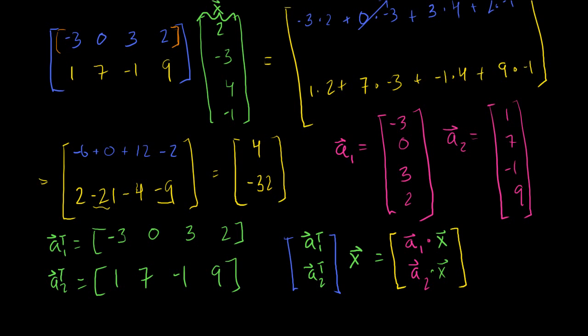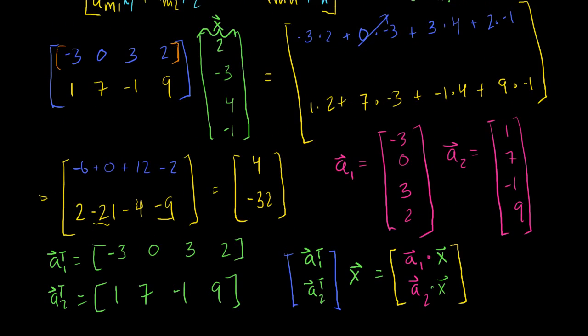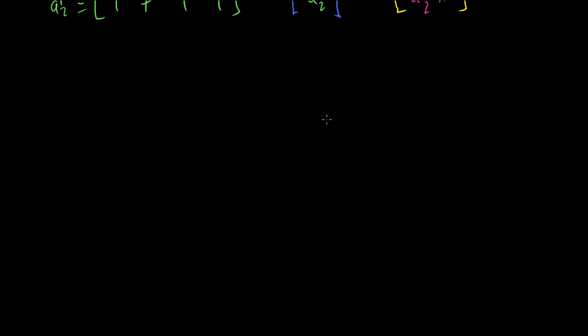Now the other way to perceive it, let me do it with a different example. Those numbers are getting a little bit tiresome. Let's say I have the matrix A, nice and bold, is equal to, oh, I don't know, let me say it's 3, 1, 0, 3, 2, 4, 7, 0, minus 1, 2, 3, and 4.